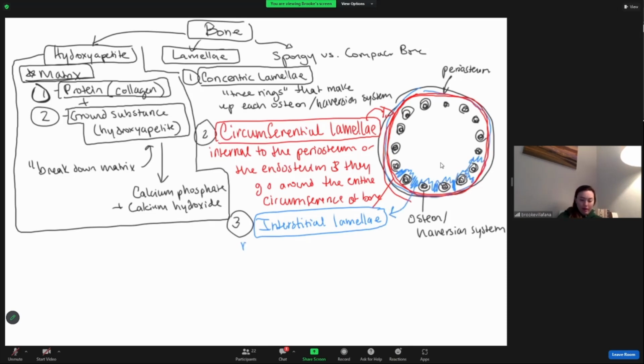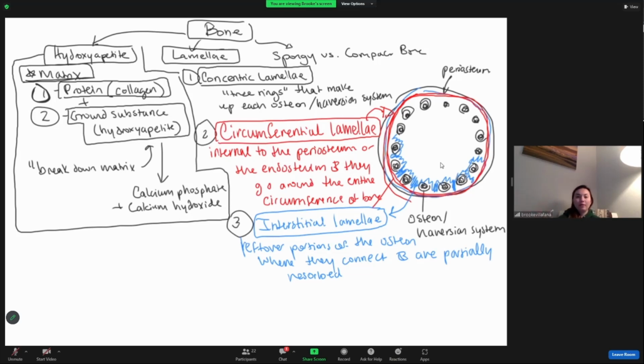Okay, so we can draw that as the leftover portions of the osteon where they connect and are partially resorbed, which means they're almost absorbing into the bone. The osteons, these little black circles, are like absorbing and evaporating or becoming interstitial lamellae. So just think of interstitial as in between. They are in between the circumferential and then the concentric lamellae.